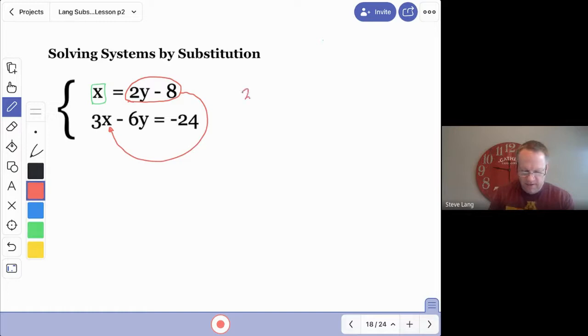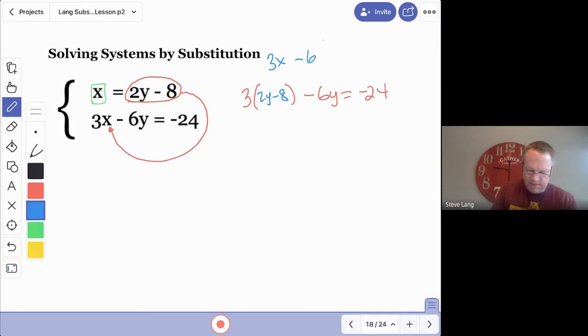So it's going to be 3 times x minus 6y equals negative 24. I left the parentheses because that's where the 2y minus 8 goes. So this equation, 3x minus 6y equals negative 24. Everything's the same except the x. I replace that with what it equals.